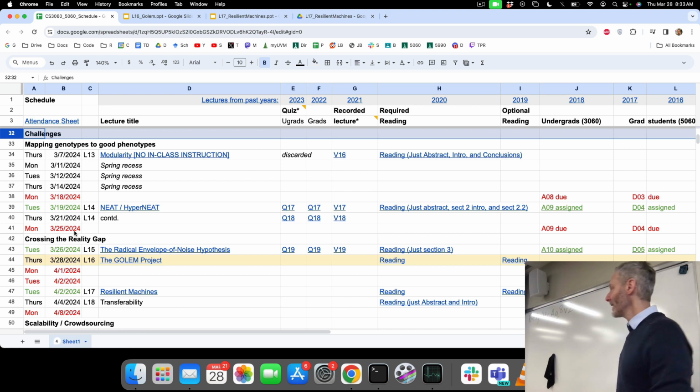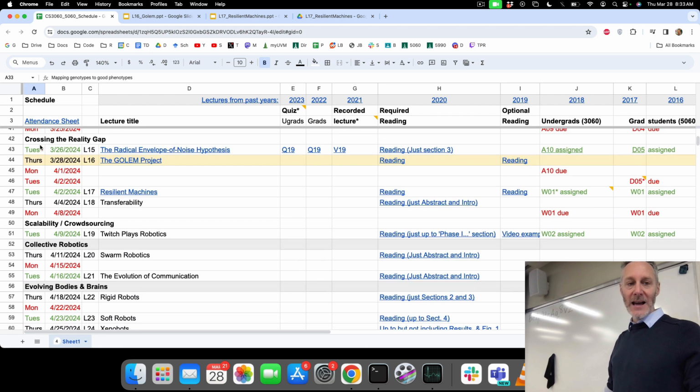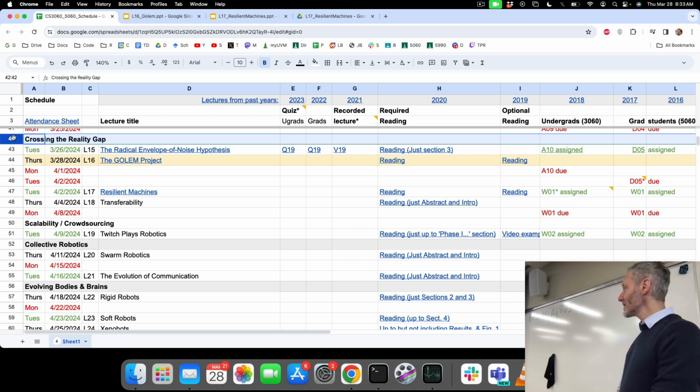They're not here, at least in terms of evolutionary robotics, because there's a number of problems we've got to solve first. Most of these problems are known. There are partial solutions that have been formulated in the literature, and we've started to look at some of these. And we started in last time on looking at some of the potential solutions to the most challenging problem, not just in evolutionary robotics, but robotics in general: crossing the reality gap.